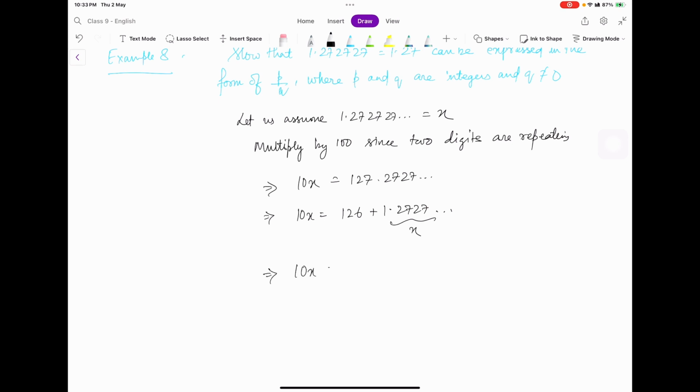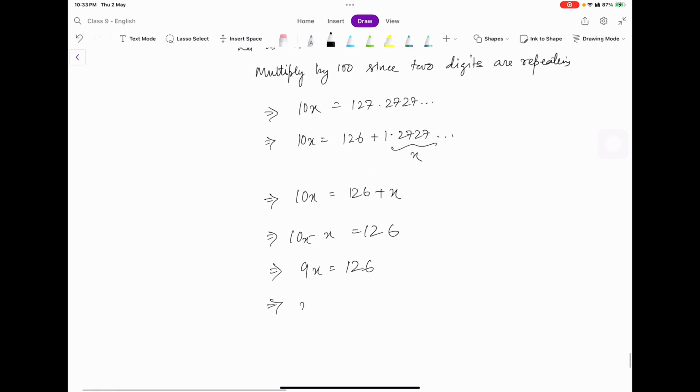So this becomes 10x equals 126 plus x. So 10x minus x equals 126. So 9x equals 126. So x equals 126 by, sorry, very sorry, this is not 10x, this is 100x. We had multiplied by 100.